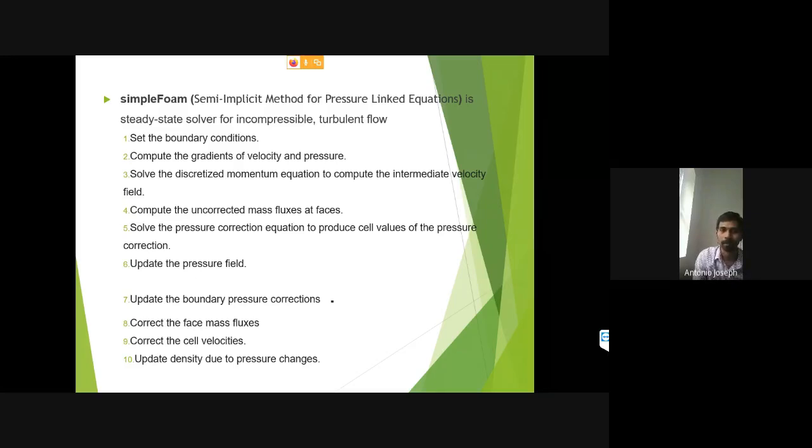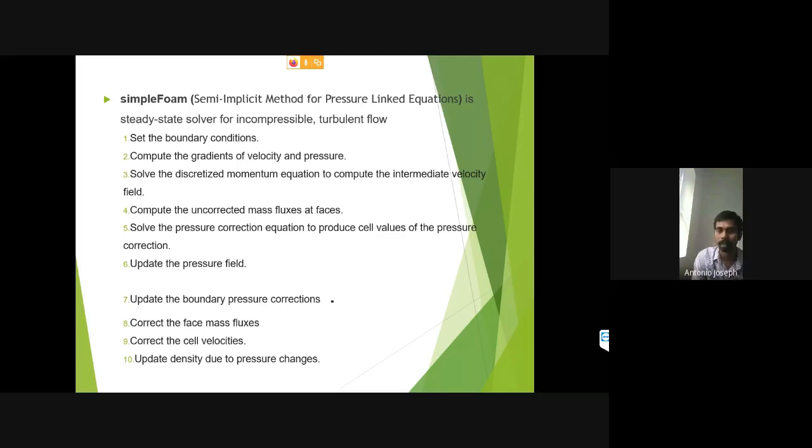Then again, we are updating the pressure conditions at the boundary. Then with that particular pressure value, again, we are finding the velocities for correcting the mass flux. Then again, at all the cells, we are correcting the velocities and it goes on. So this is the general method, or the algorithm, that is followed in the case of simpleFoam.